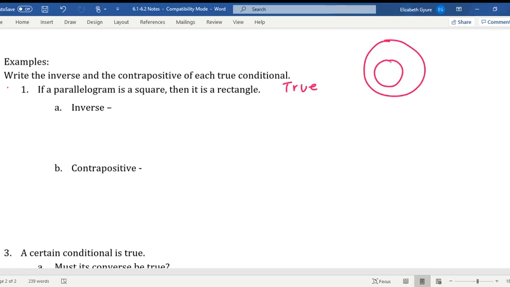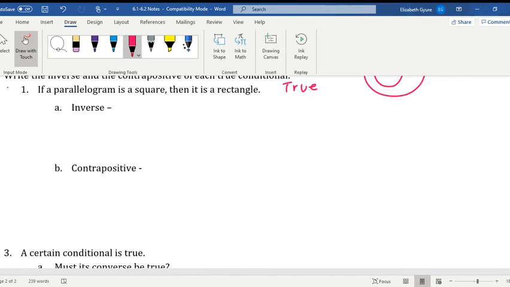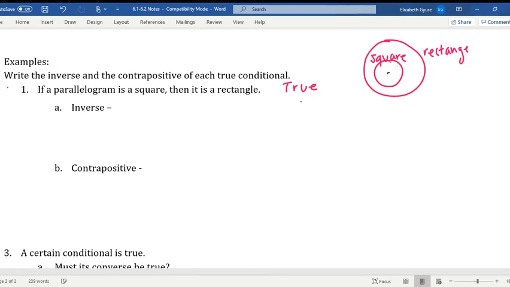That was also nice. So we are going to have our rectangle, because that is our conclusion, and then our hypothesis is a square. So this is true because if a parallelogram is a square, then it's falling in this inside circle. Right? If a parallelogram is a square, it falls inside that interior circle, which is also going to make it a rectangle.